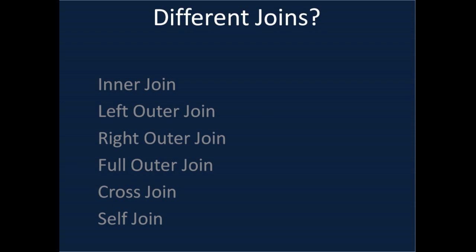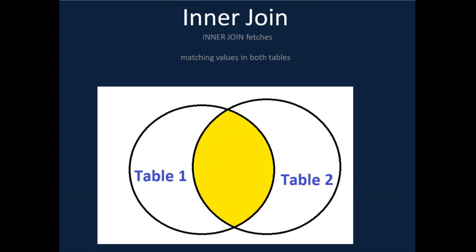Okay, so now let's start with inner join. Inner join basically fetches matching values in both the tables. That means suppose you have table 1 and table 2. So inner join will give you only the data which is common in both the tables.